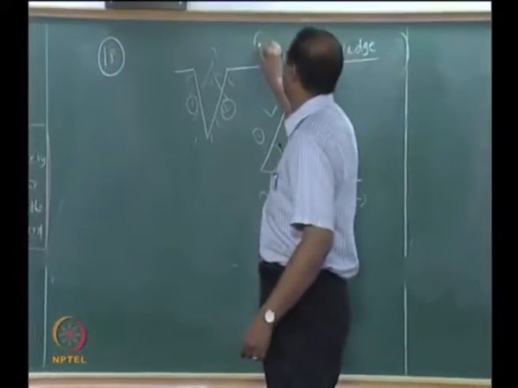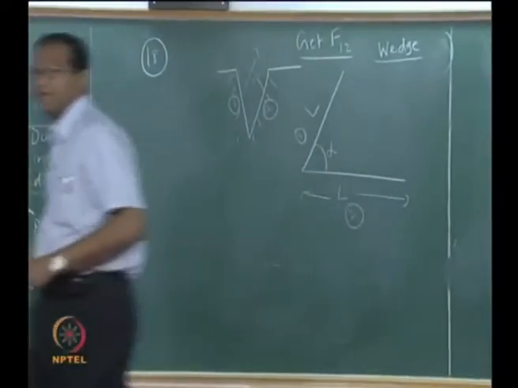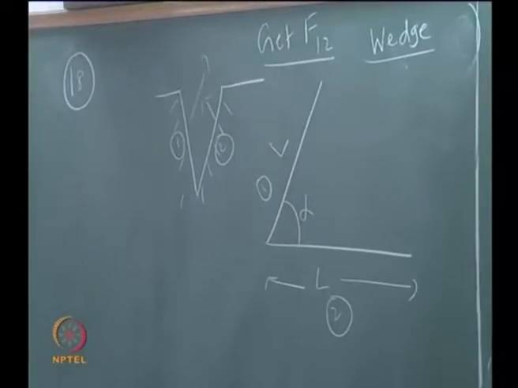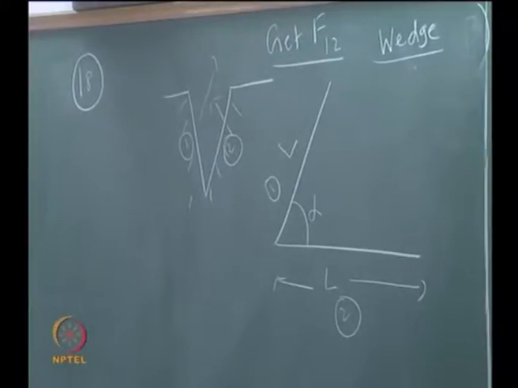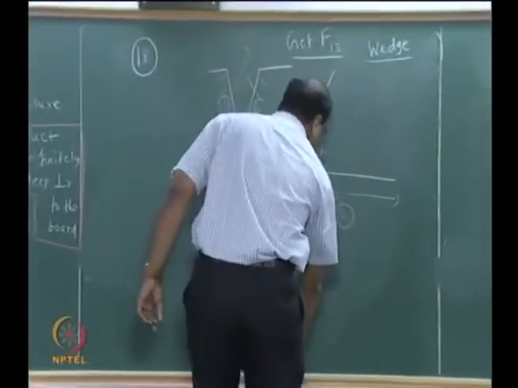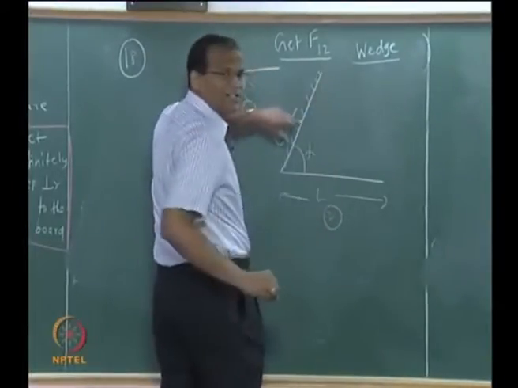Problem 18, get F12. The question clear? It follows from problem 17. Okay. So if you want back side, there is no activity. Okay, on the back side there is no activity.